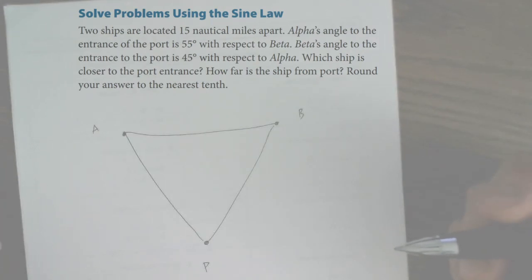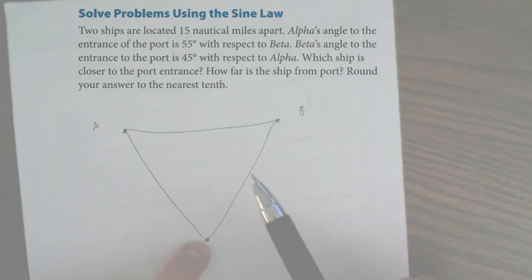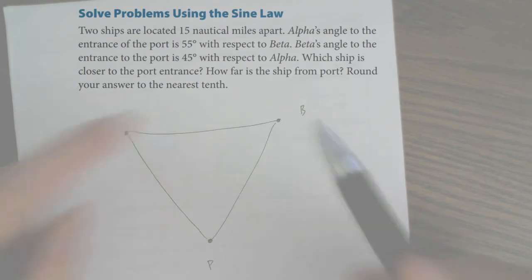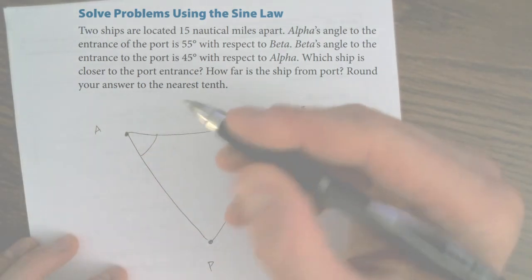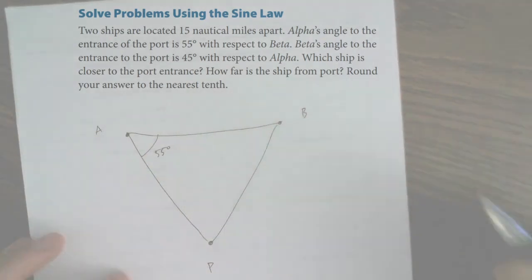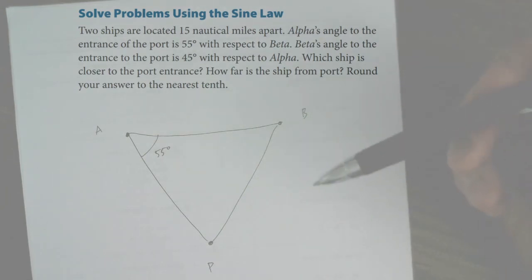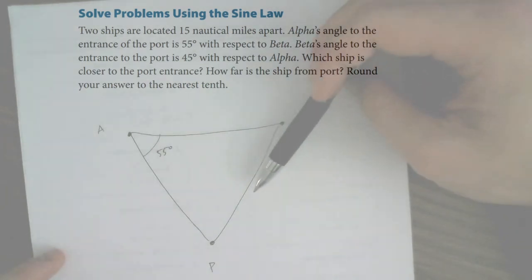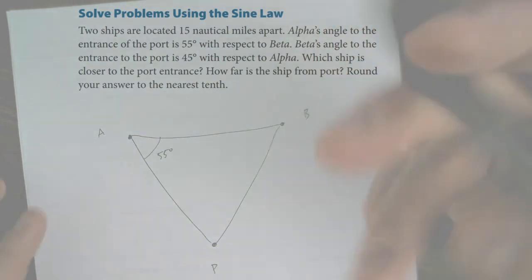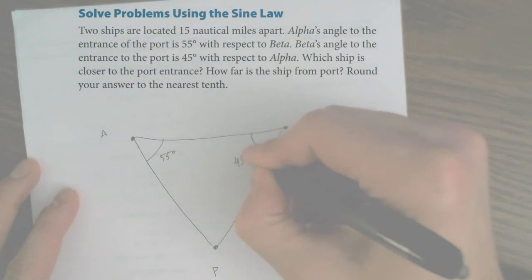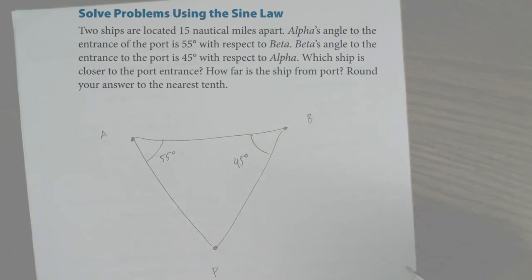So alpha's angle to the entrance of the port with respect to beta, we're talking about this angle. And similarly, beta's angle to the port with respect to alpha is 45. So we have this situation.